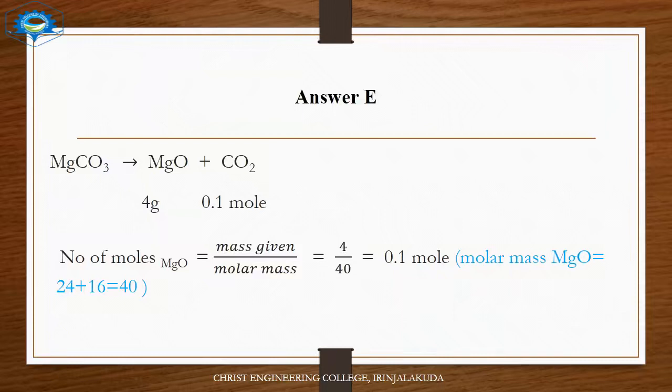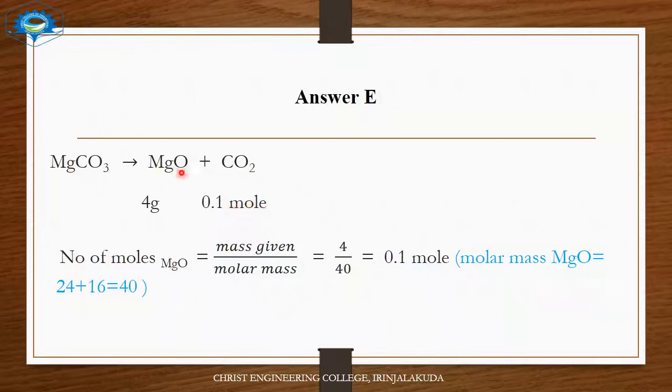How will we find the molar mass of MgO? By adding the molecular mass of magnesium and oxygen. Molecular mass of magnesium is 24, molecular mass of oxygen is 16. Altogether 24 plus 16, which is 40. So the molar mass is 40.